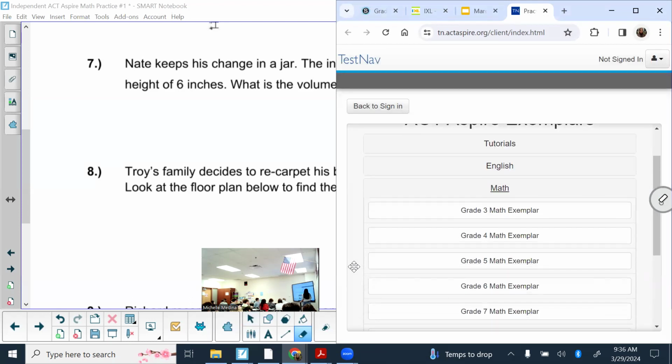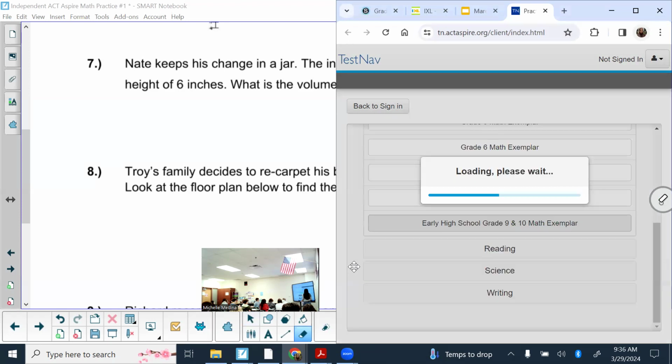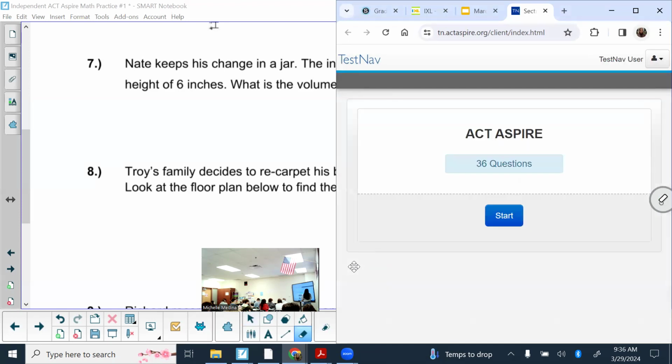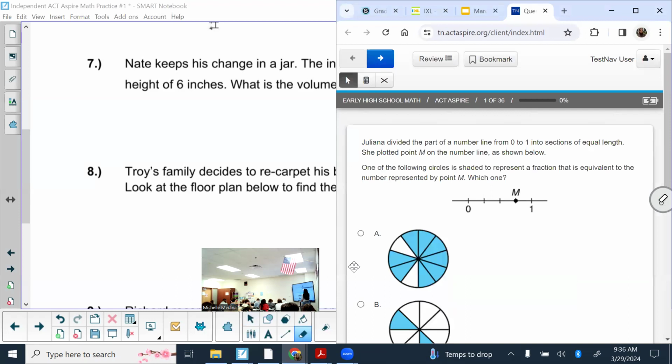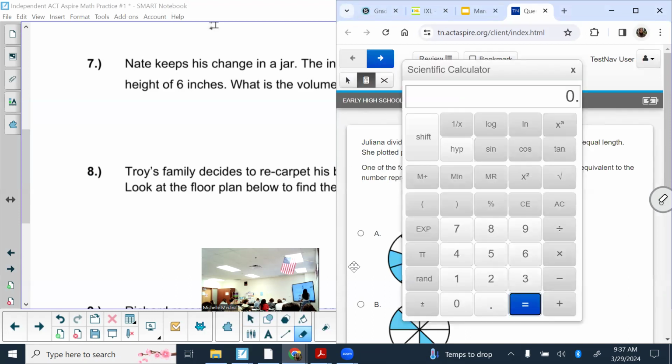Whatever calculator you want to use, you have to figure out how it works on that calculator. But for this one, this is the pi button. So unless they say use 3.14 instead of pi, you're going to use the button.